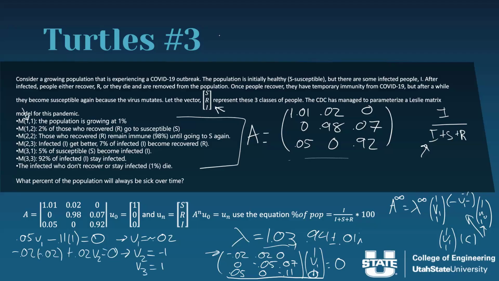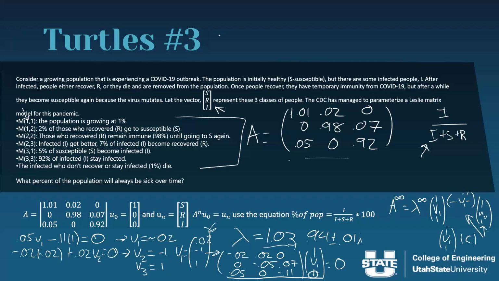So my eigenvector is equal to 0.02, negative 1, and 1. This eigenvector is going to be multiplied by some constant and go to infinity, but this is going to dictate the ratio of my final conditions.